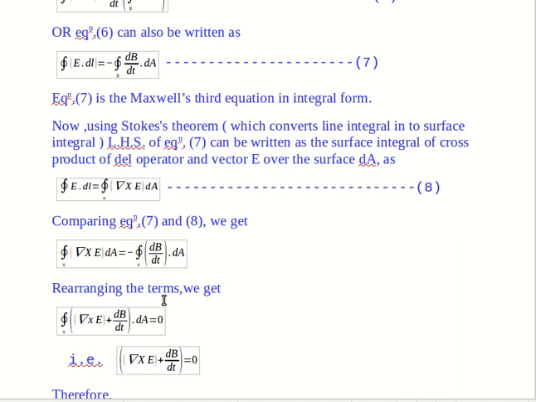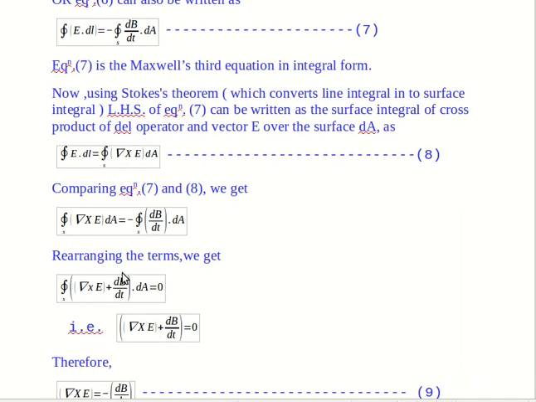So rearranging the terms, we get surface integral of del cross E plus, this minus sign will become a plus, dB by dt, whole multiplied by dA is equal to 0. So if this surface integral is 0, this indicates that the integrand, that is del cross E plus dB by dt, should be equal to 0.